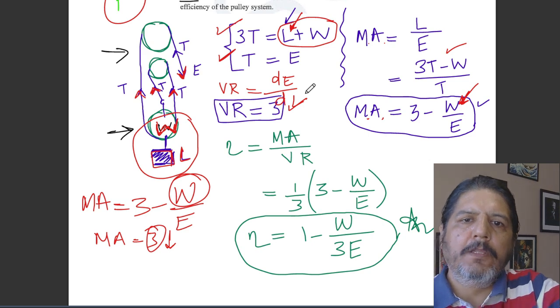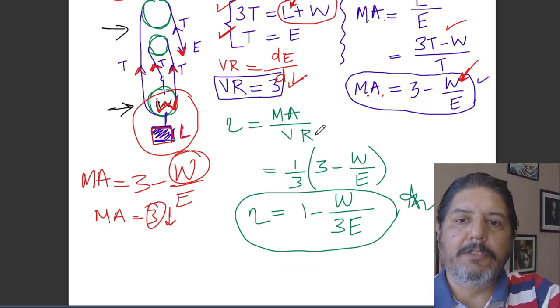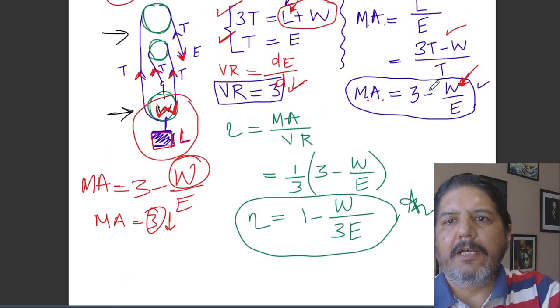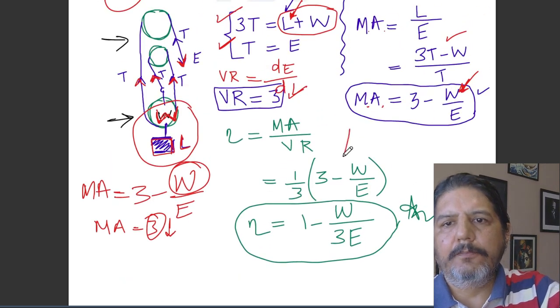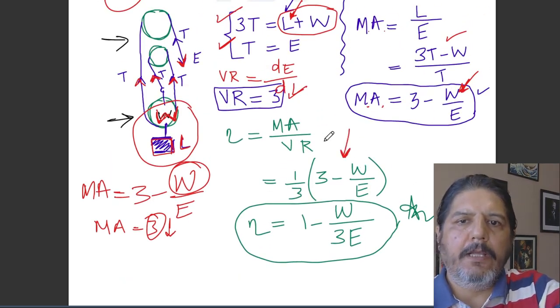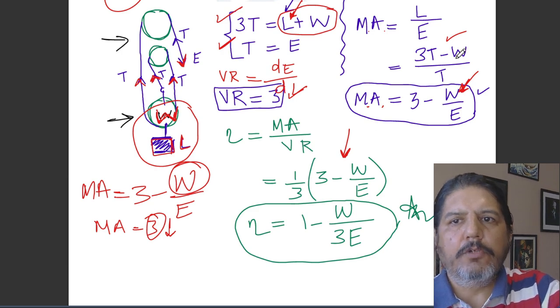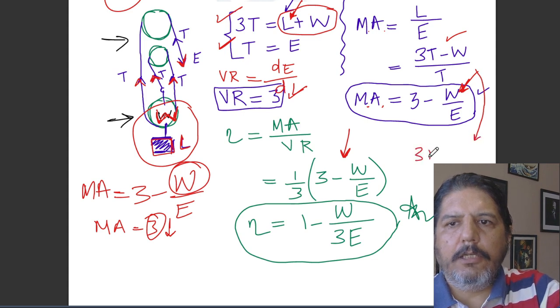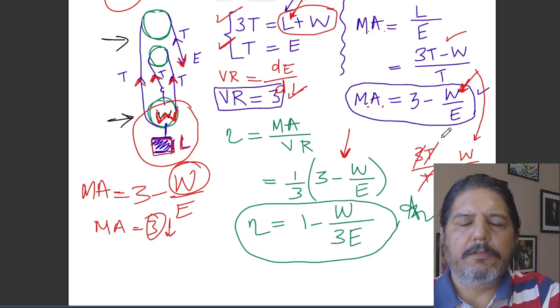That won't change. Now coming to efficiency, efficiency is mechanical advantage divided by VR. So the mechanical advantage I get from here is (3T minus W) upon E, and VR is 3. So here if you see, 3T upon T minus W upon T, so this 3 and this T and this T have got cancelled.